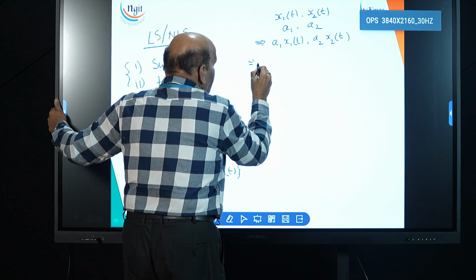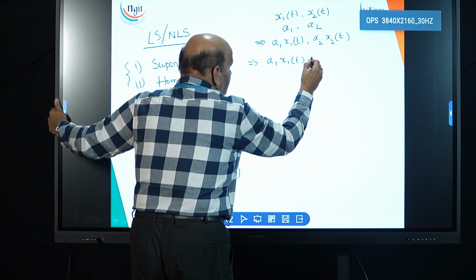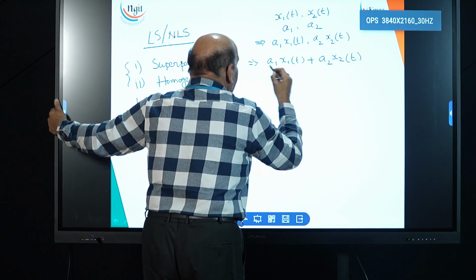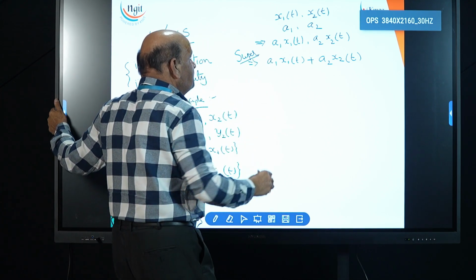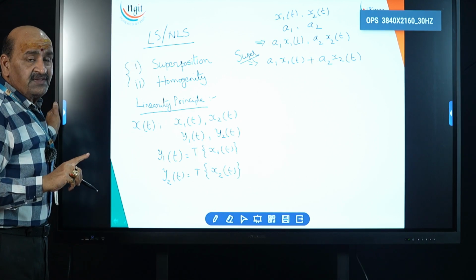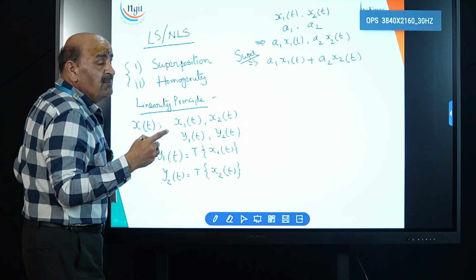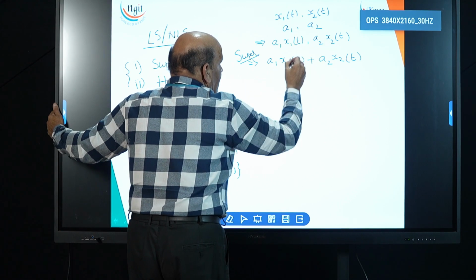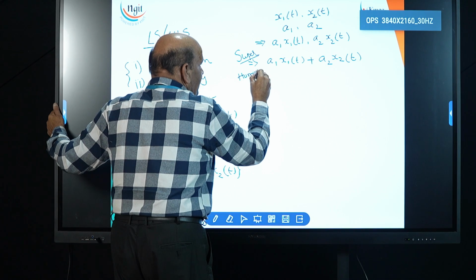Now the sum of these two signals, a1 x1 of t plus a2 x2 of t, is a superposition signal. Once this condition is satisfied, and these two are of the same degree, then the homogeneity principle will be satisfied.